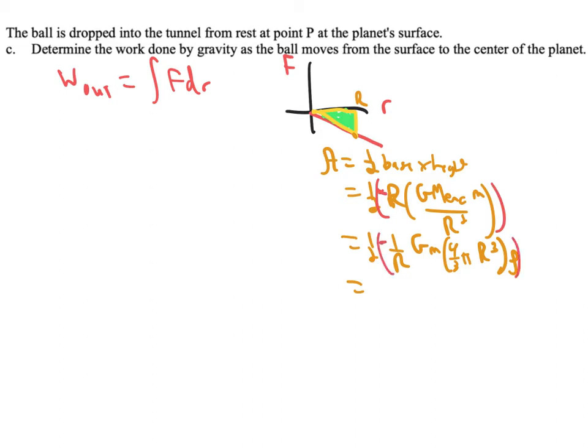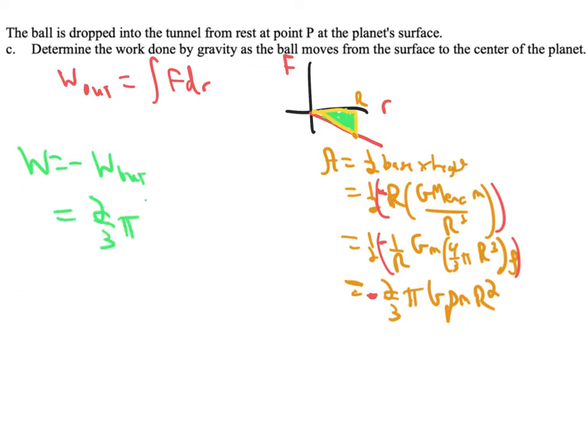So again, when all this is said and done, we get 2/3 pi G rho m R squared. Of course, I should be careful, there was that minus sign, which means the actual work we're looking for is minus the outward bound work, which is minus 2/3 pi G rho m R squared.